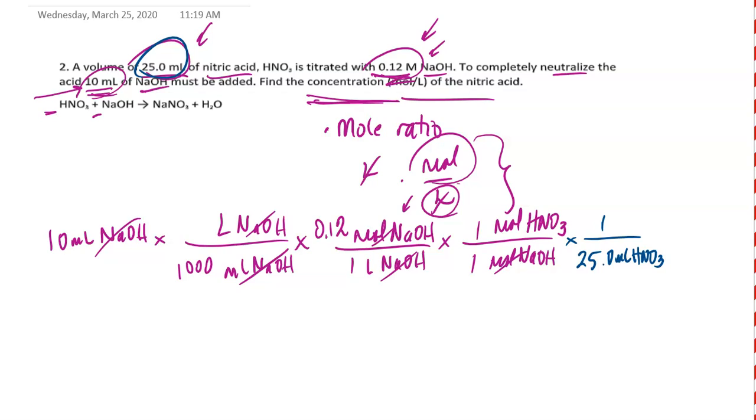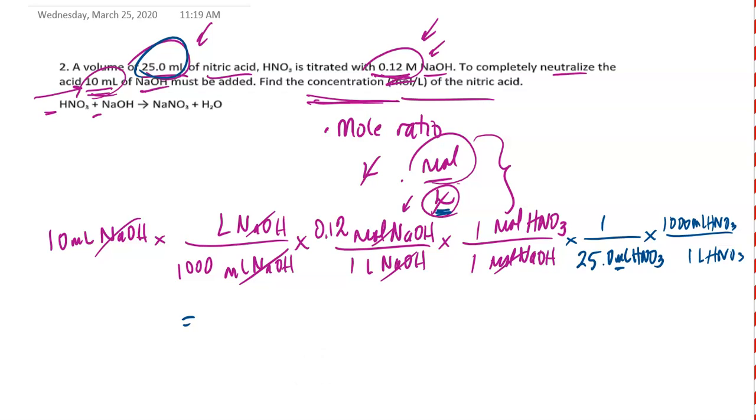But I'm not quite done there yet either because, again, these are milliliters and not liters. And so the last conversion I'm going to do is convert from milliliters of the nitric acid to liters of nitric acid. And there are 1,000 milliliters of nitric acid for every 1 liter.